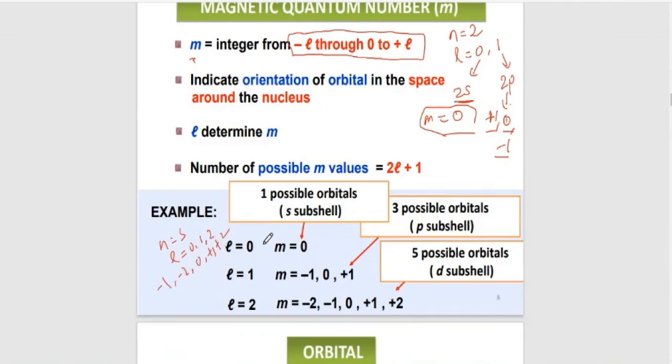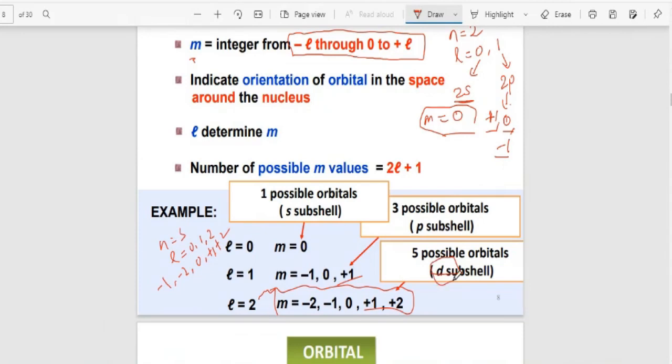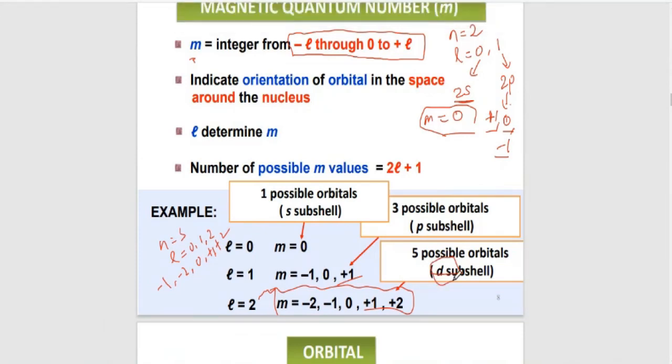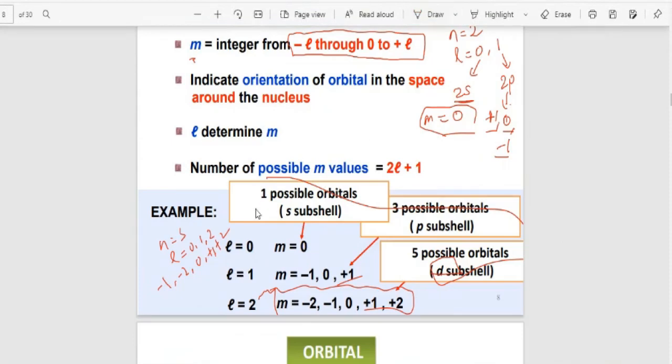Dia ada 5 possible orbital. That's why D tadi ada 5 bentuk. So this is the reason. Okay, S subshell only one possible orbital. P subshell there are 3, Px, Py, Pz. For D subshell there are 5 possible orbital.